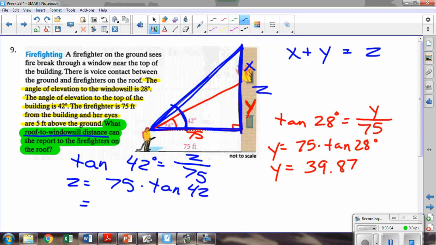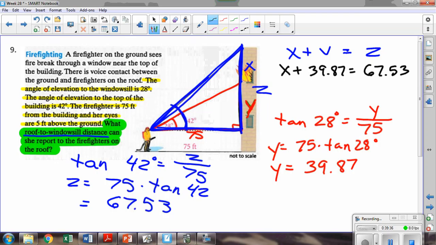Putting those together, 75 multiplied by the tangent of 42 would give us 67.5, and what's the next digit? 67.53. All right, so we have those two pieces, and we can put them together. X plus Y equals Z.